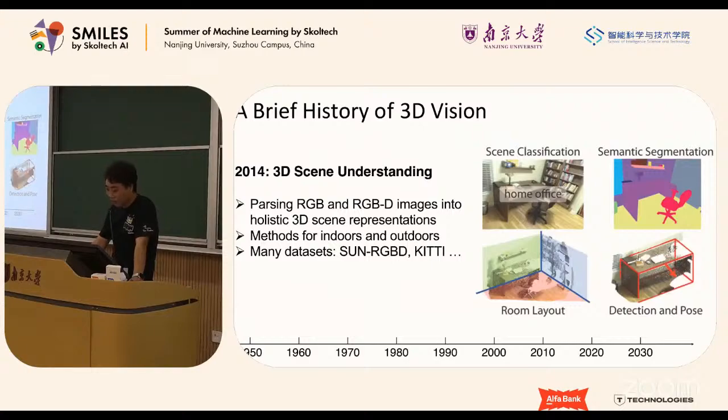Data sets such as SUN RGB-D and KITTI make it possible to evaluate scene classification, semantic segmentation, room layout estimation, and 3D object detection. Data sets became an important driver of progress because they define common tasks and measurable benchmarks.